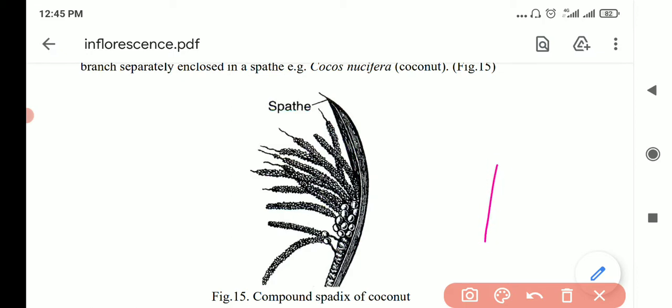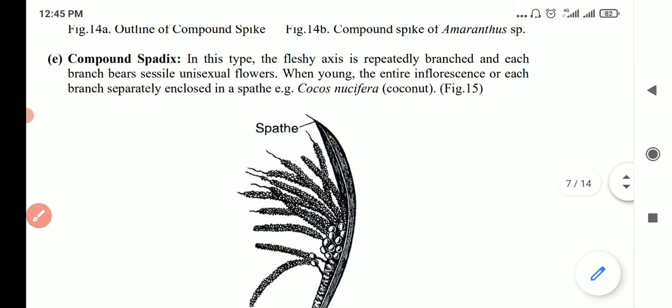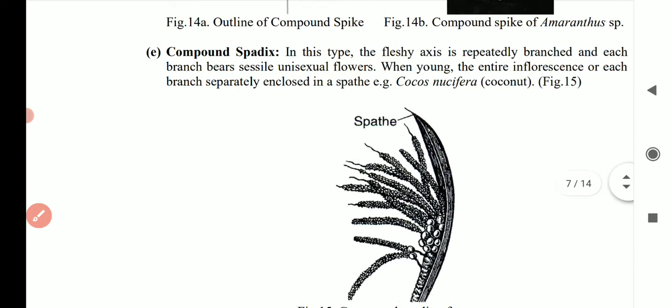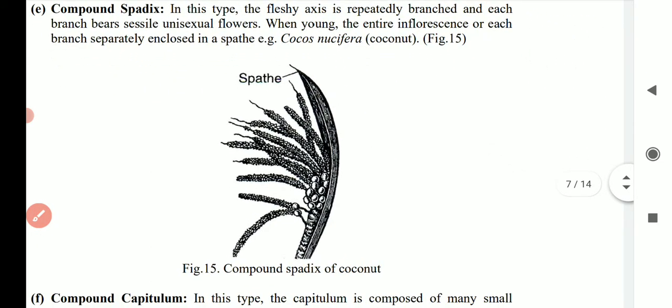That is your compound spadix. It is fleshy, and each branch bears sessile unisexual flowers. Remember, the top was male and the bottom was female, so all the flowers are unisexual. Then example is coconut, Cocos nucifera. This should be easy enough for you.